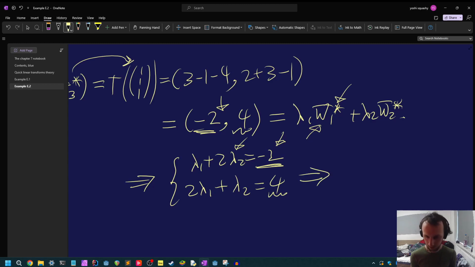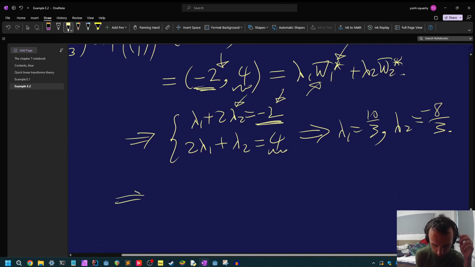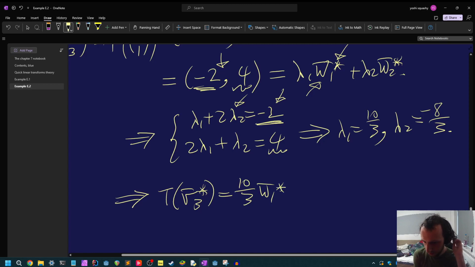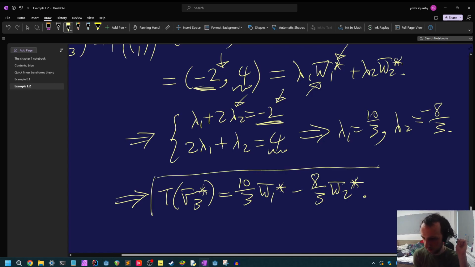You know the drill. Gives us lambda 1 equals 10 over 3, lambda 2 equals minus 8 over 3. Check with the note, it's the same thing, that is good. Gives us that T of v3 star equals 10 over 3 w1 star minus 8 over 3 w2 star. Put it in a box.